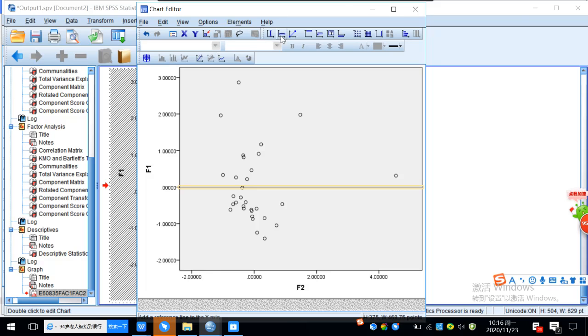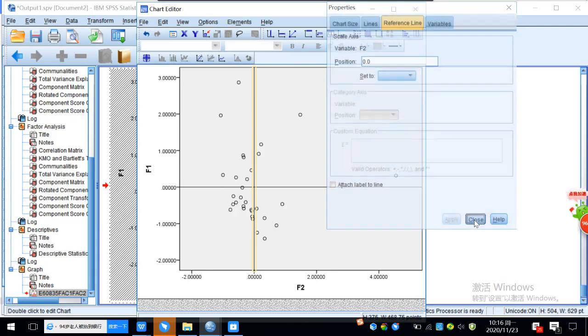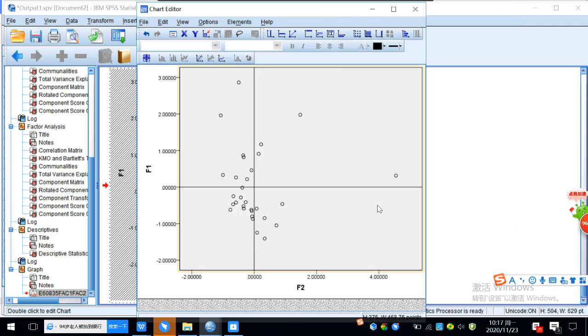Okay, and then the y-axis, position 0. So you can see that these areas 1, 2, 3, 4, F1 more than 0, F2 more than 0. Right?